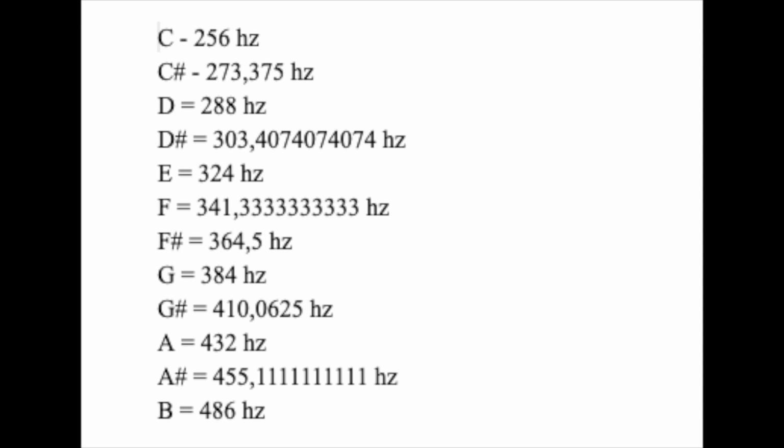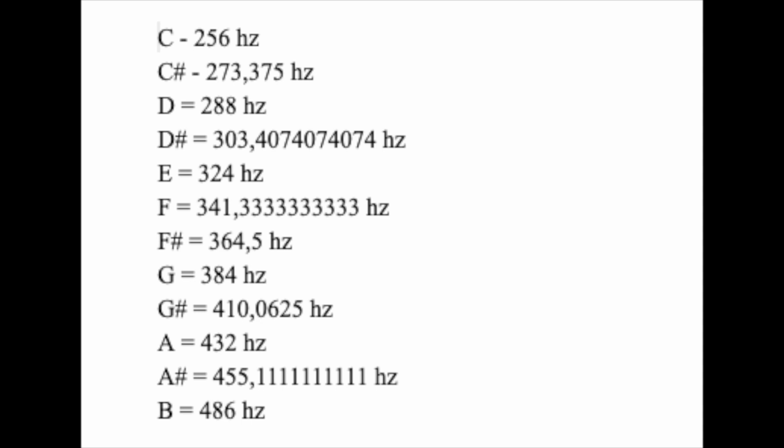F would be 341.333333. F sharp would be 364.5 Hertz. G would be 384 Hertz. G sharp would be 410.0625 Hertz. A would be 432 Hertz, and A sharp would be 455.11111, and so on.